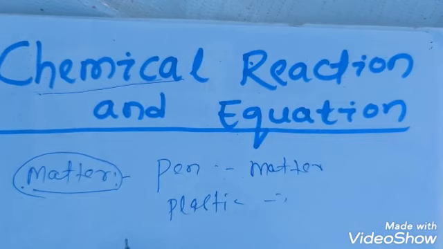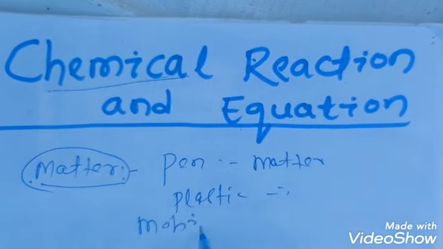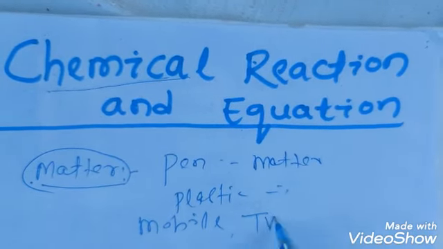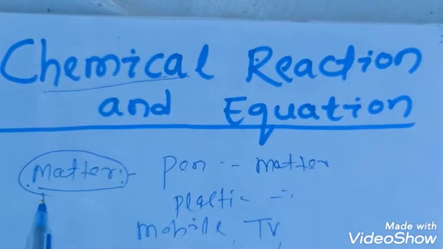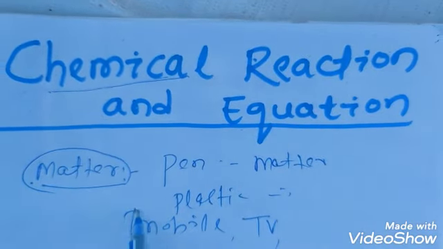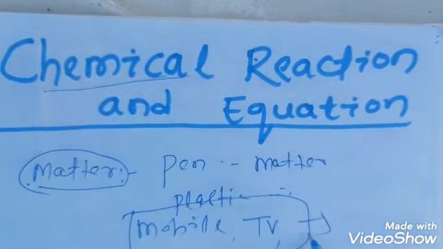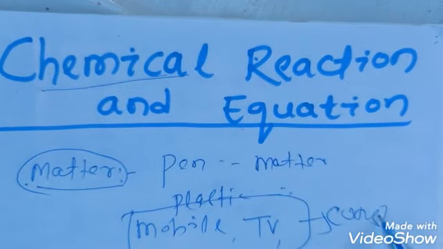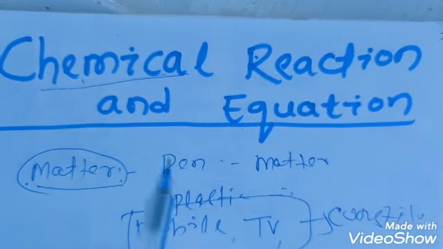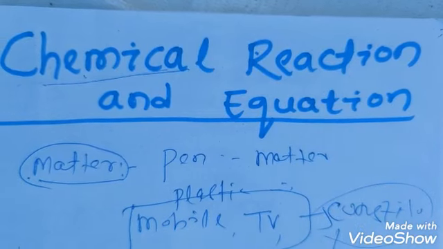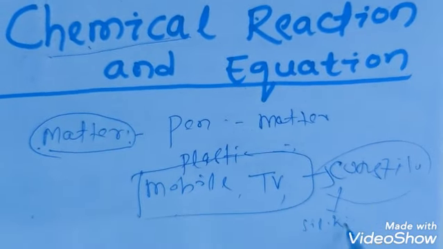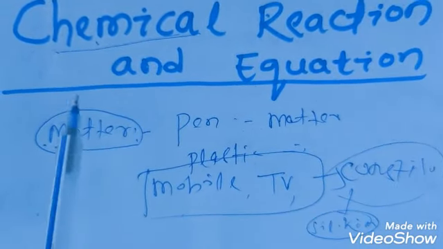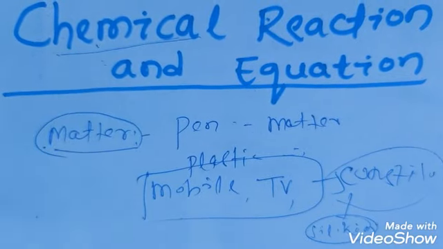Everything in this world, mobile, laptop, TV, these are called matters, but these matters consist of constituents. Those constituents are called chemicals, like silicon, germanium, different types of substances, so those substances are called chemicals.